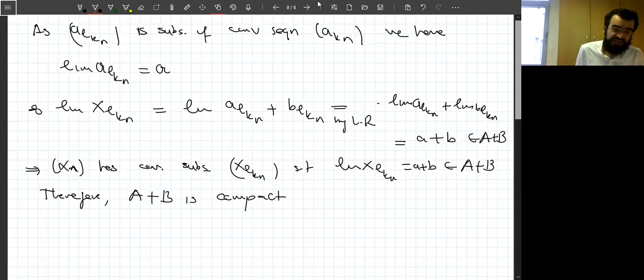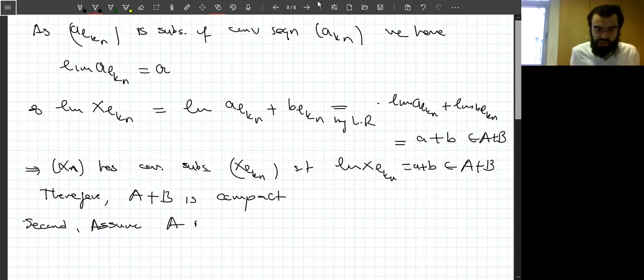For the second part, assume A is compact, B is closed. A is compact, this time B is not compact, it need not be compact, but closed. And B is closed. Okay.